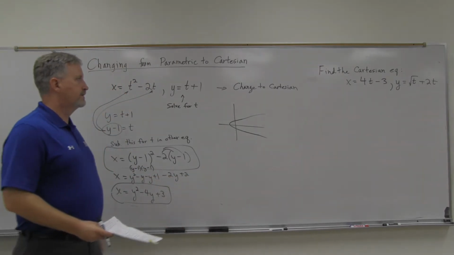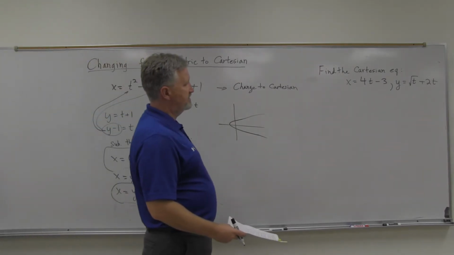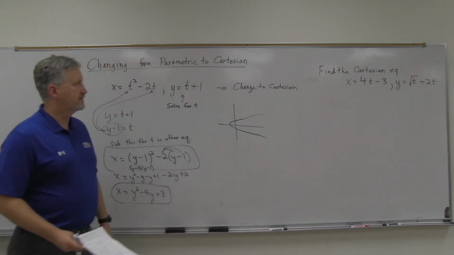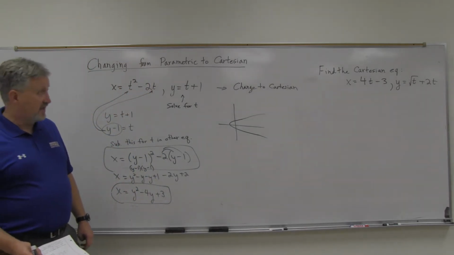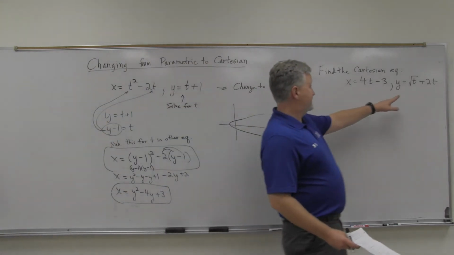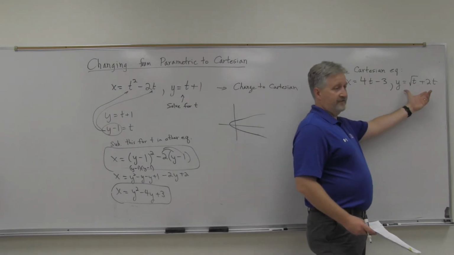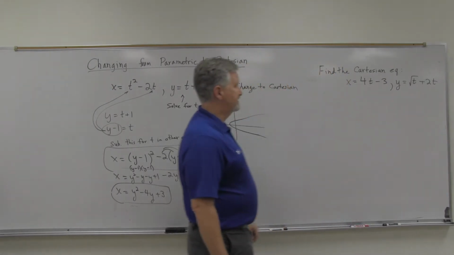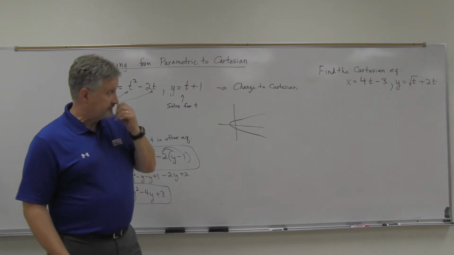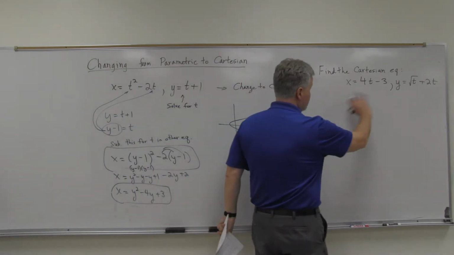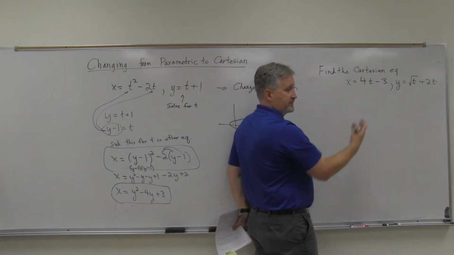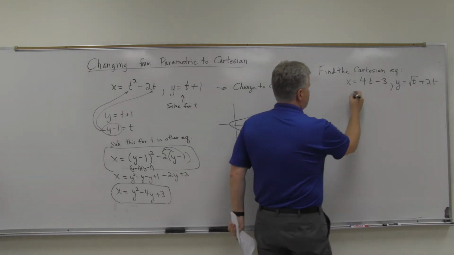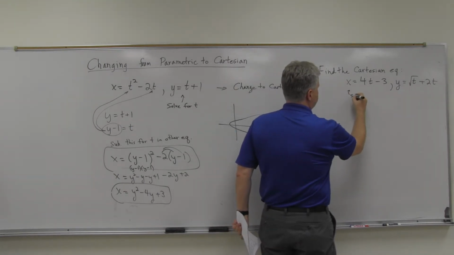Which one does it look like would be easier to solve for t in this case? The first one, the x, yeah. If I solve for t in the y equation, I've got a mess, because I've got a square root of t and a t by itself. So let's solve this one. It doesn't matter which one you do, just make it easier on yourself. So solve for t here, the x one.